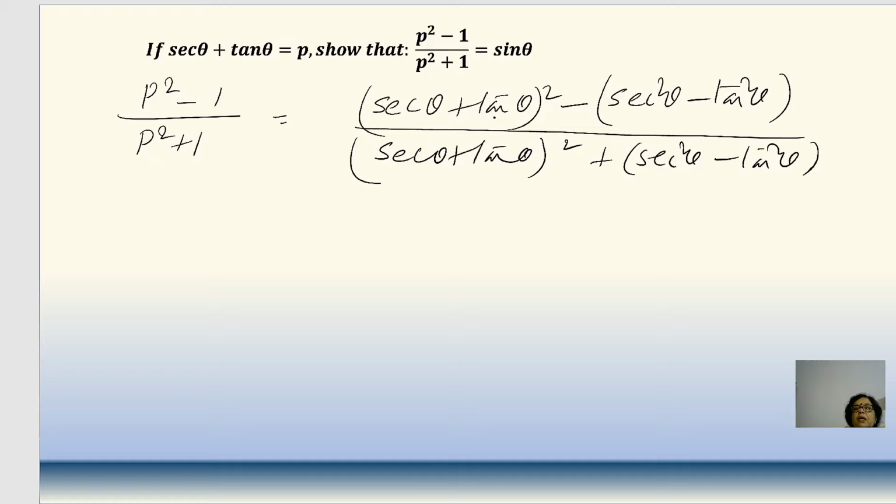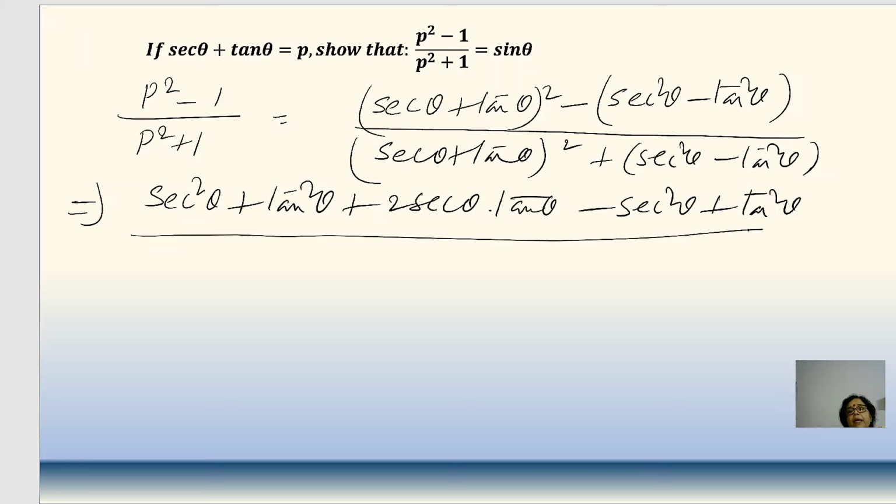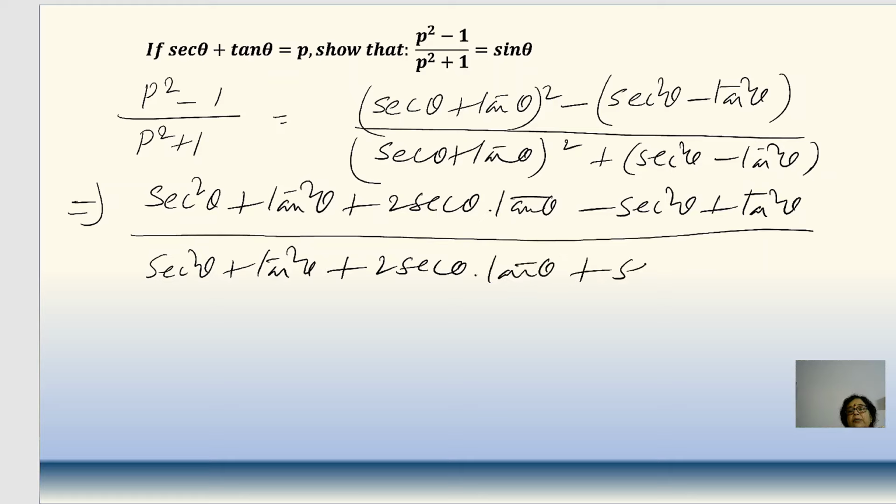Now what we do is, you can either take out sec theta plus tan theta common and proceed, or we can even expand this using a plus b the whole square. So we get here sec square theta plus tan square theta plus 2 sec theta into tan theta minus sec square theta plus tan square theta, divided by sec square theta plus tan square theta plus 2 sec theta tan theta plus sec square theta minus tan square theta.